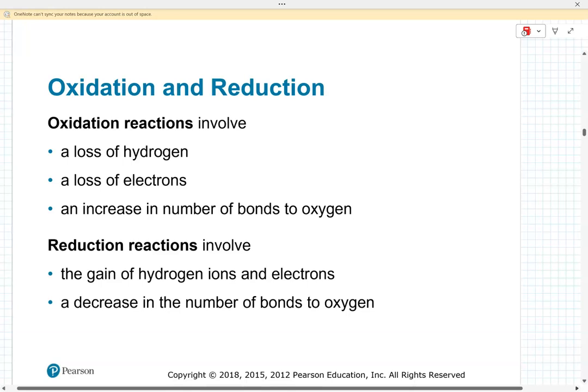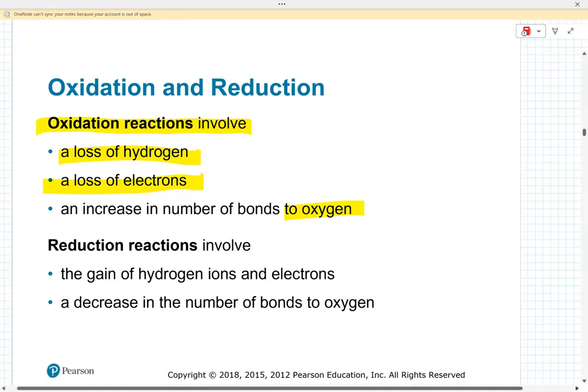A very quick crash course in oxidation and reduction. When a reaction is a reaction of oxidation, look what it involves: a loss of hydrogen or loss of electrons, or an increase in the number of bonds that connect carbon or other atoms to oxygen.